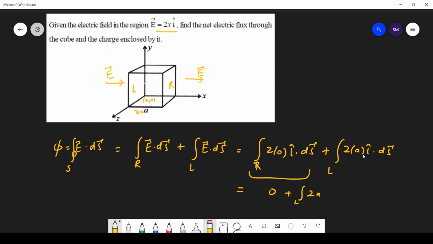A dot b is magnitude of a into magnitude of b. So what is the magnitude of this side? This is 2a into a square into cos. The direction of this face and the electric field are in the same direction, so the angle gives cos 0.